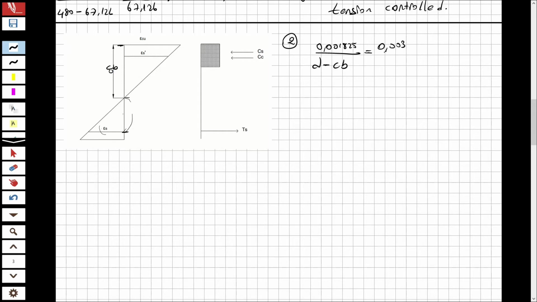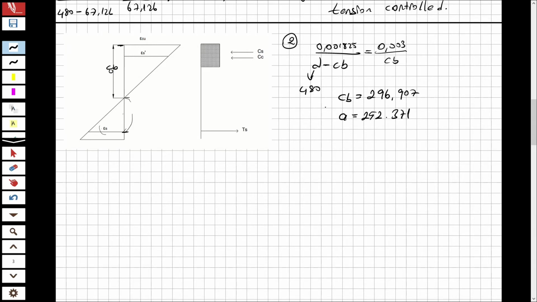0.003 over cb. Actually, you know this one. This is 480. When I make this process, I'm going to obtain cb equal to 296.907, and a will be equal to 252.371.